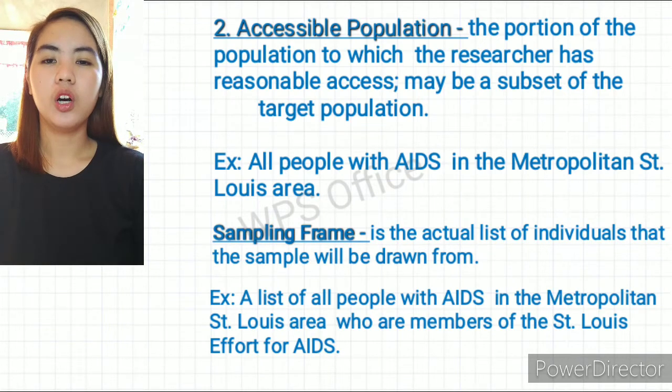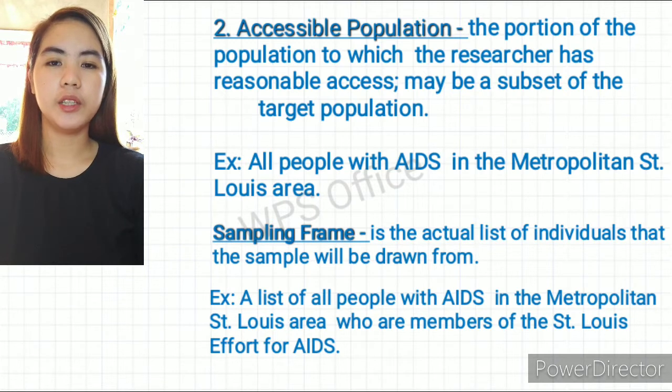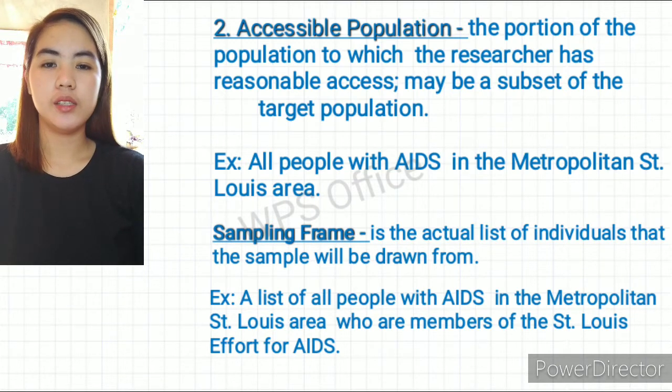So we have all people with AIDS in the metropolitan St. Louis area. Hence, accessible population means that it may be limited to region, state, city, country, or institution, unlike the target population that it has a universal scope in sampling.